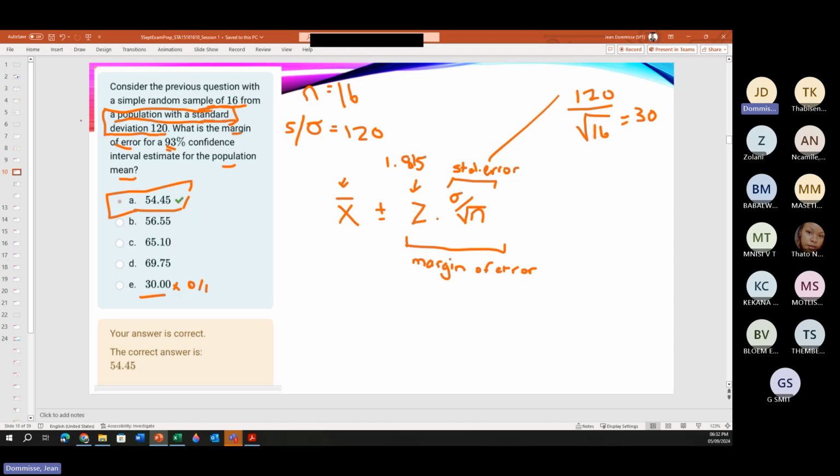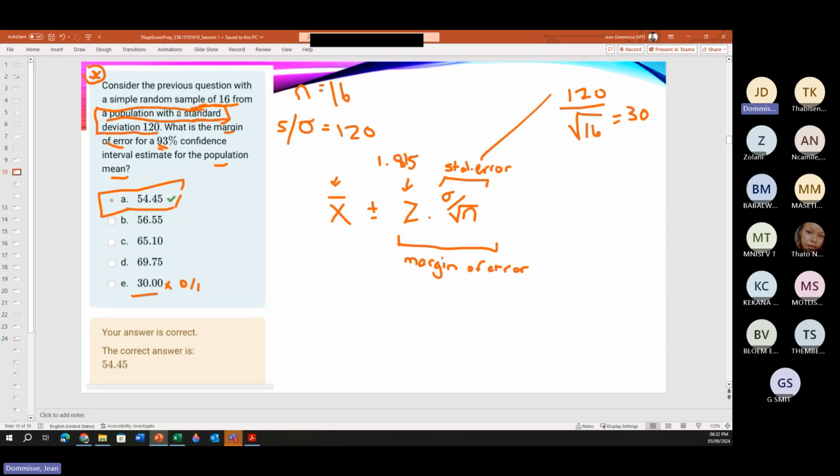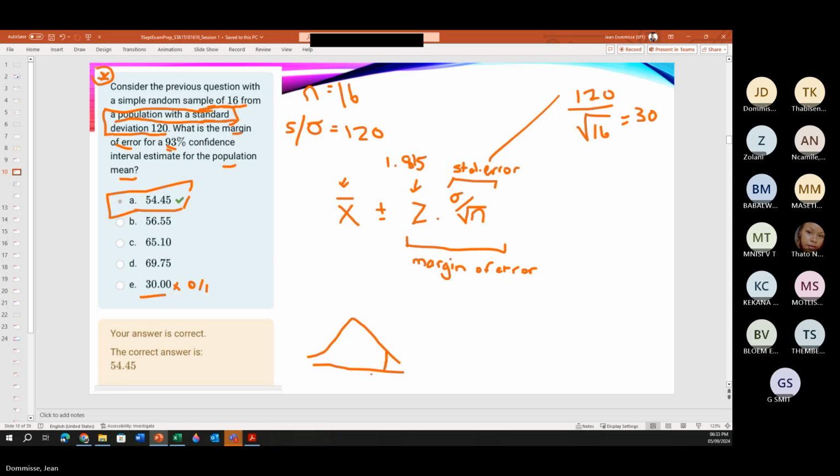Okay, so for me, the trick is more with identifying whether the standard deviation is known or unknown, so that you know if you need to use a Z or T. But just quickly for you guys again, I think that is the important thing, how we would have done it is that in here is 93%.